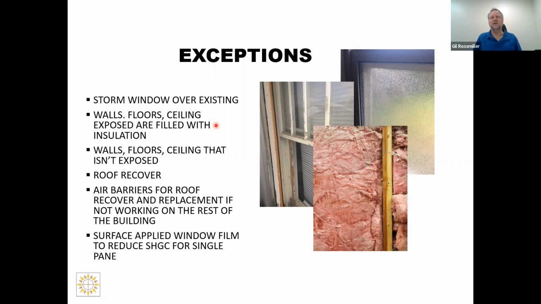Well, the code is very silent on that. The intent, and I can tell you personally that this is correct, is that you just fill the cavity. There's nothing in the code that says I've got to bring it up to what the prescriptive is. If I'm doing an alteration and I just happen to open up a wall and it needs to get filled, we're done. Just fill it up and move on with life.